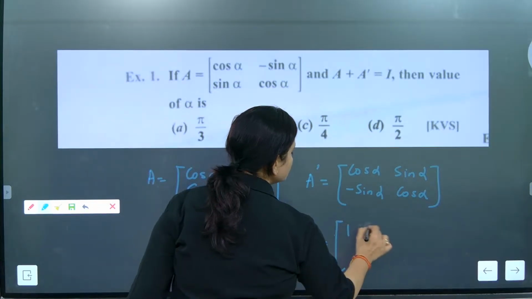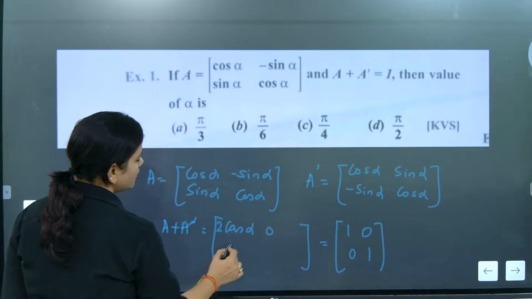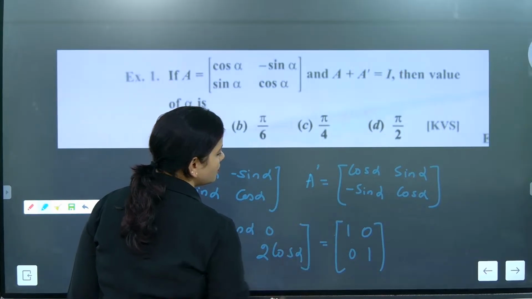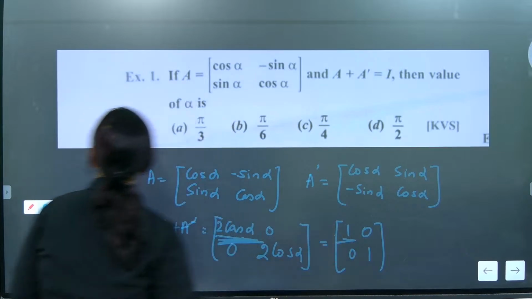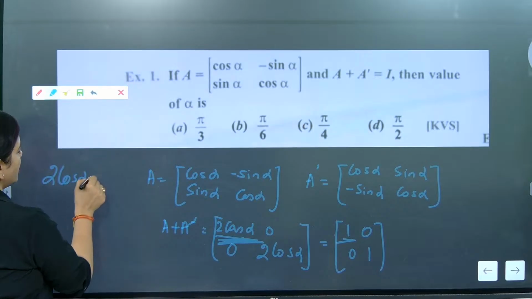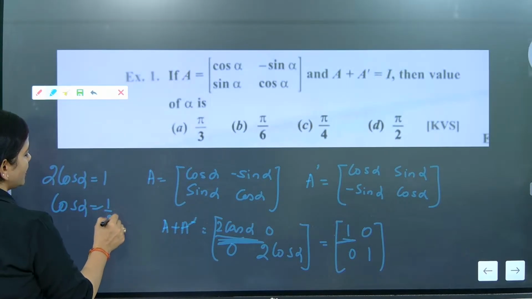So here the identity is 1, 0, 0, 1. Sin alpha and minus sin alpha become 0, and cos alpha plus cos alpha becomes 2 cos alpha. See the diagonal elements: 2 cos alpha and 1. So directly we write 2 cos alpha equal to 1, so cos alpha equal to 1 by 2.